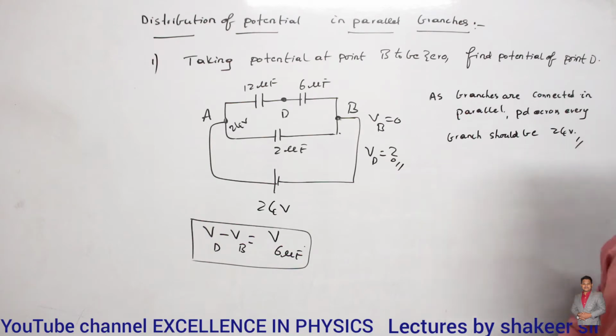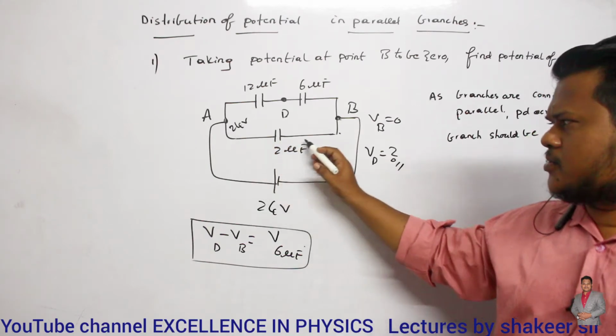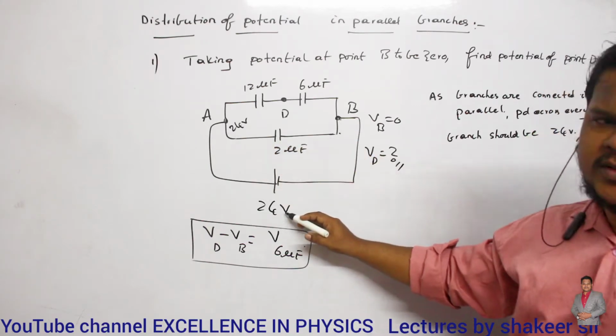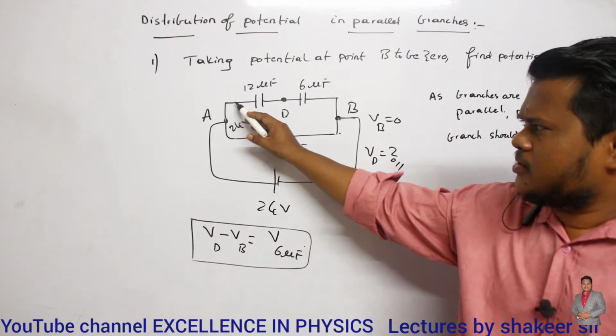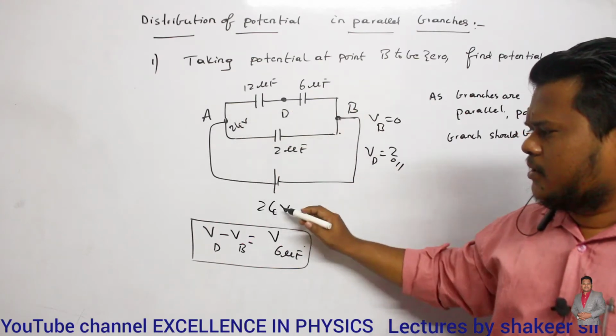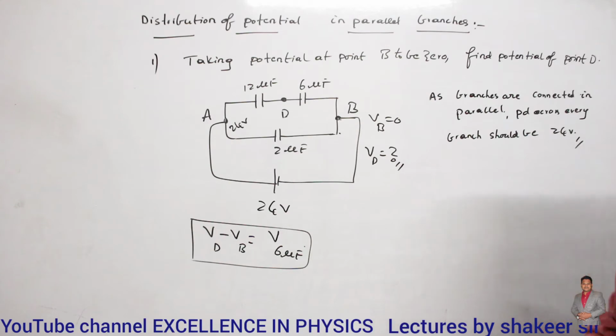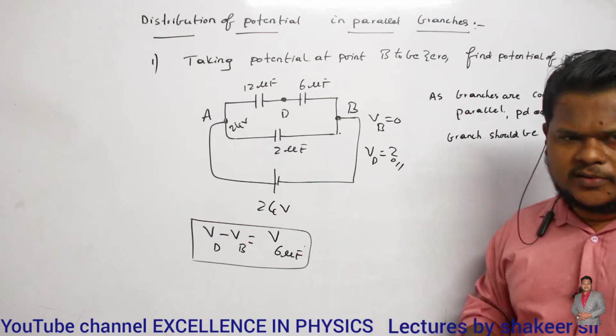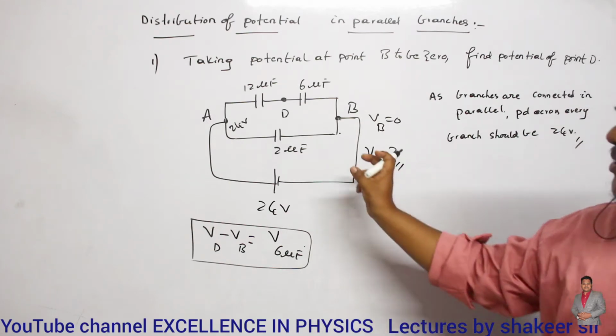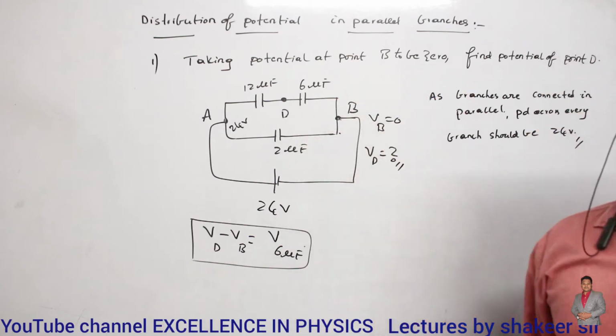Therefore the potential difference across 2 microfarads is also 24. Similarly, the potential difference across the 12 and 6 combined should also equal 24. But that is not what I want to know. I want the potential difference only across the 6 microfarad capacitor.